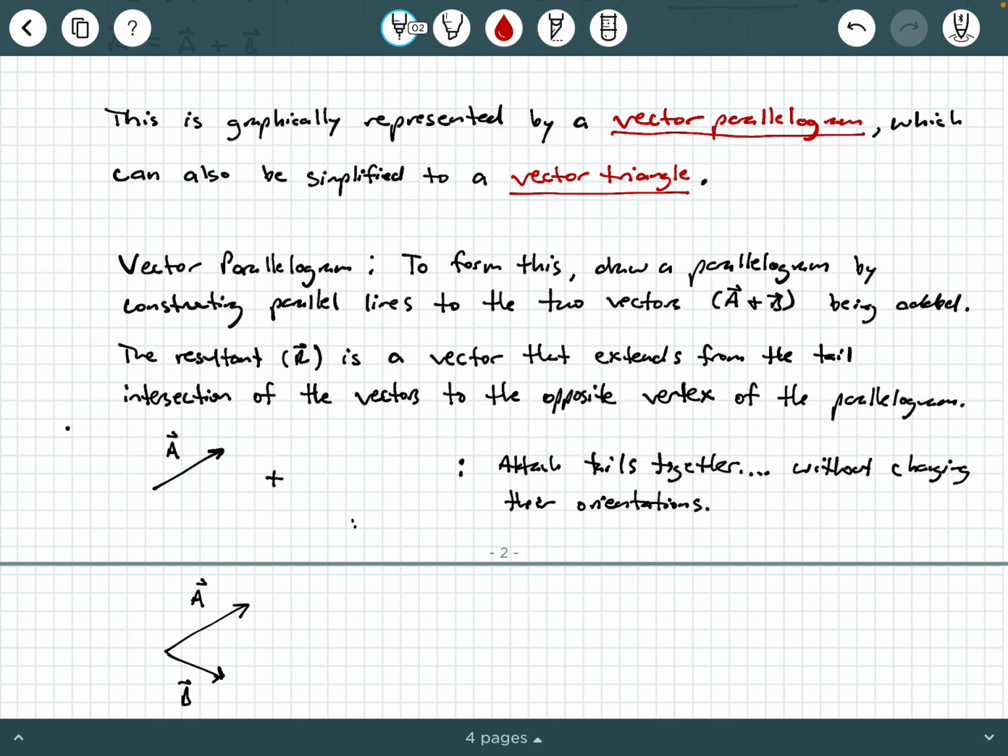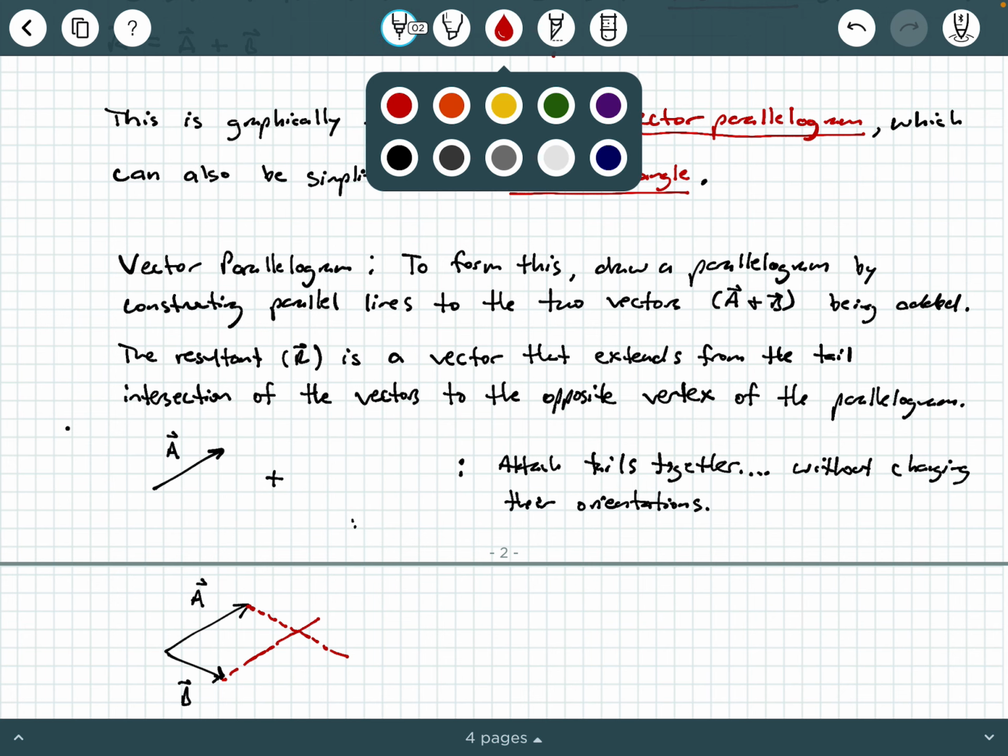So watch this. I'm going to draw a line here in red. This line is parallel to this vector B. Let me redraw that a little bit nicer. But again, I'm drawing a red dash line here that's supposed to be parallel to B. And then I'm going to draw another red dash line here that's supposed to be parallel to A. So I have this red line parallel to A, and I have this red line parallel to B.